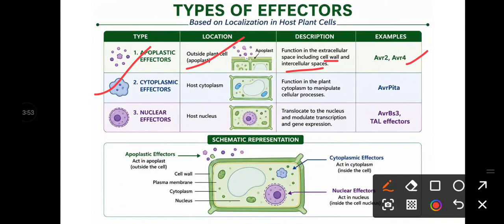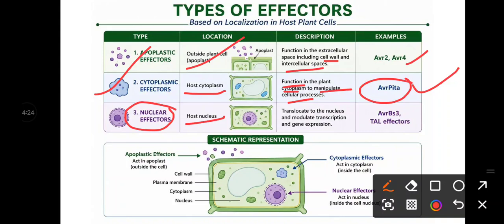Then the cytoplasmic effector. The name suggests that it will be located inside the cytoplasm. So it functions in the cytoplasm and manipulates various cellular processes. A very important example is AVR beta, produced by Magnaporthe oryzae. Next, the nuclear effector. The name also suggests that it will be located inside the nucleus.